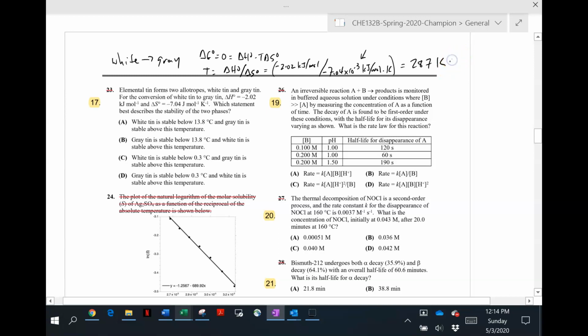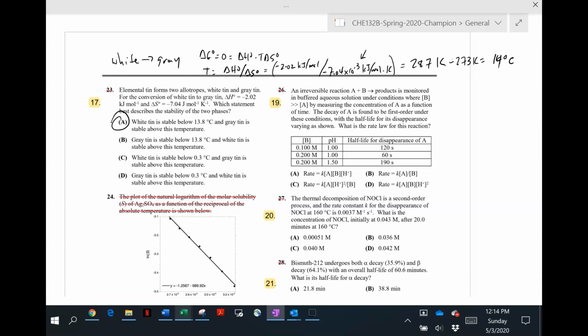If I subtract 273 from that, 287 minus 273, it's going to be about 14 degrees Celsius. And so 13.8 is the value. The one that's stable below is going to be the white tin, and the one that's stable above is going to be the gray tin, the way we have the reaction.